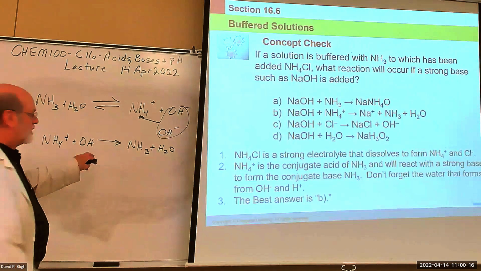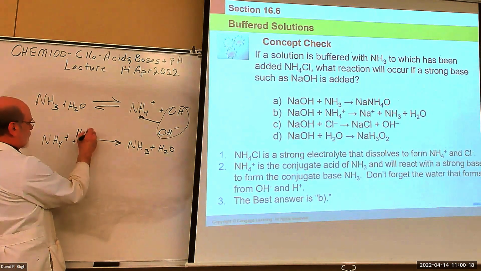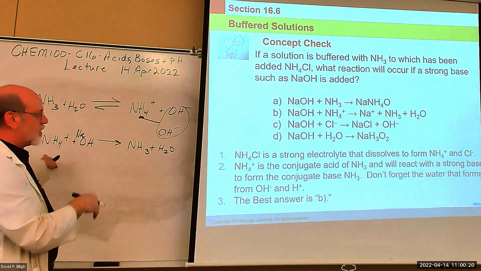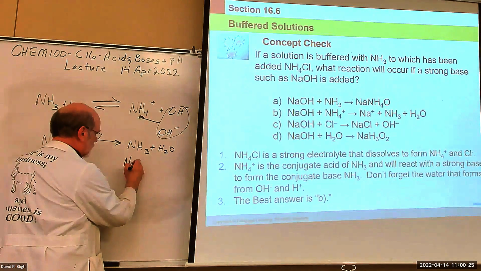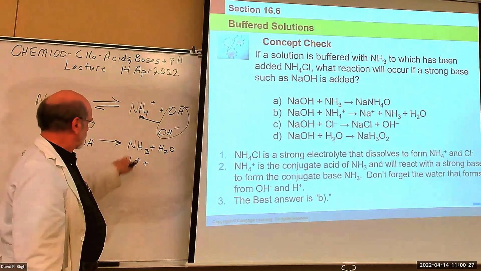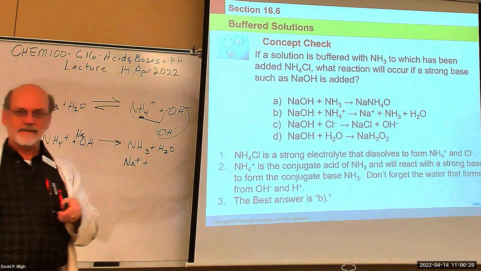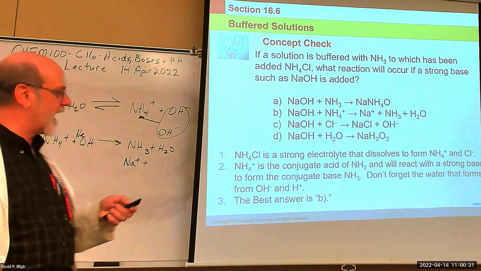Okay. Well, actually, I should have said this. Sodium hydroxide plus ammonium ion. This is a spectator plus this plus that. So that gives you the answer that they're expecting.